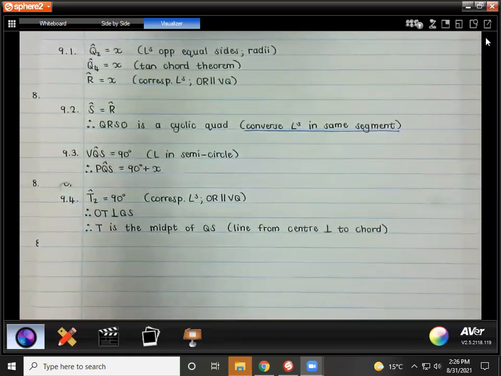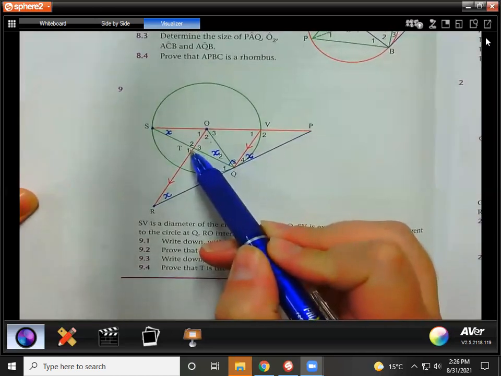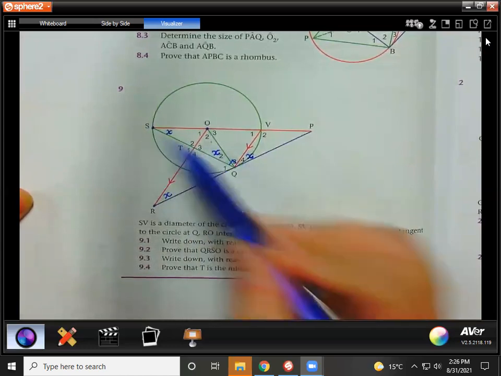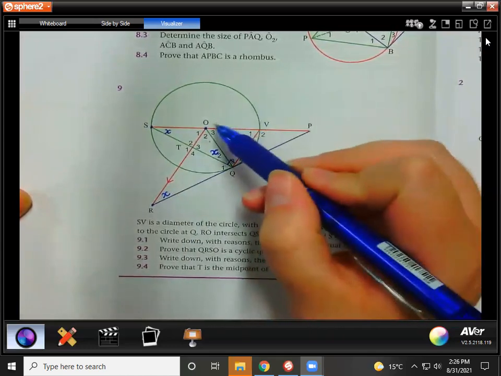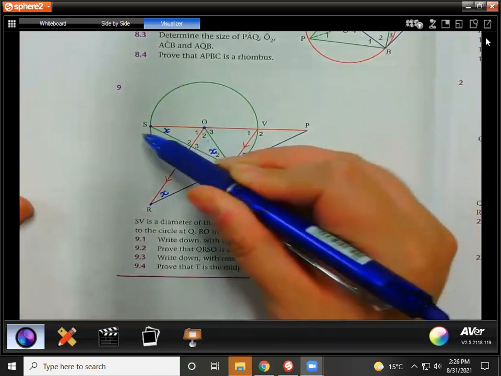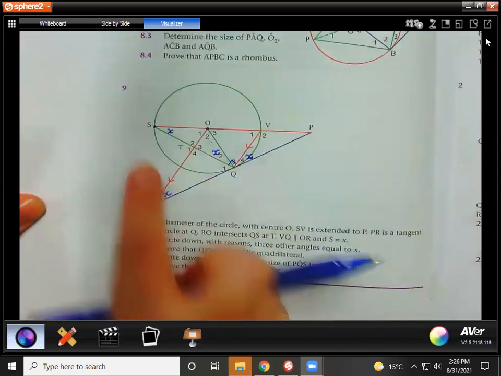Then 9.4 was an interesting question. They said, prove that T is the midpoint of QS. Now, if we go to the picture, T is this point over here. They're asking us to prove that this is the midpoint of this chord. Now, guys, I'm hoping that you can notice that OT is a line from the center, and it is cutting, intersecting, whatever word you want to use, this chord.